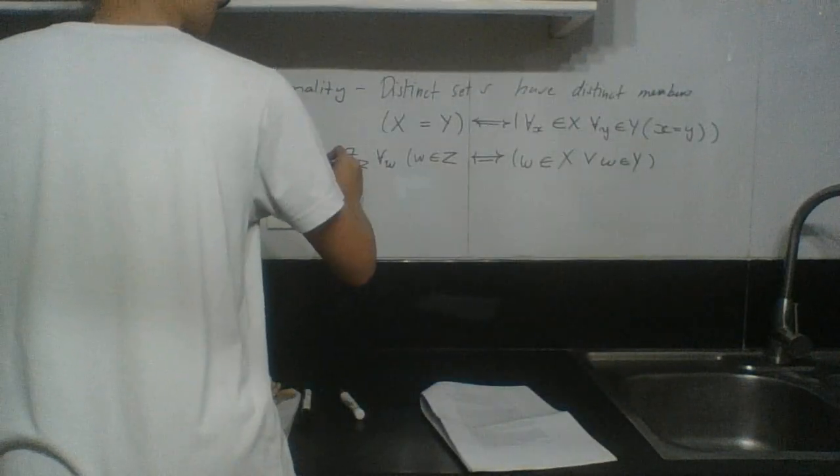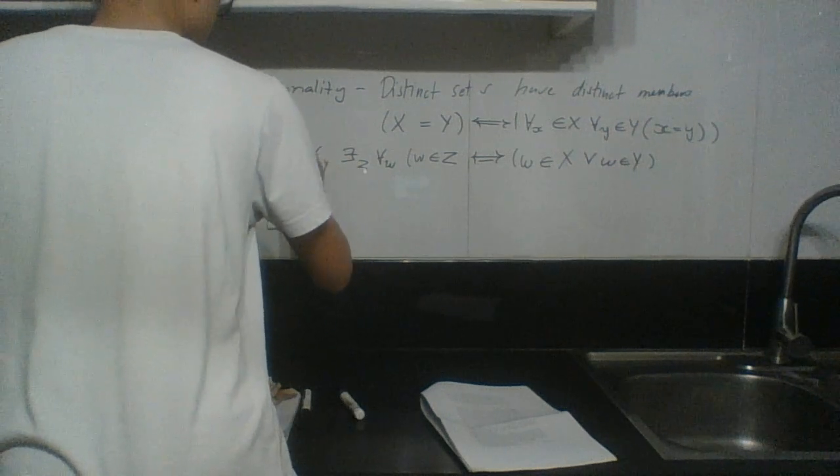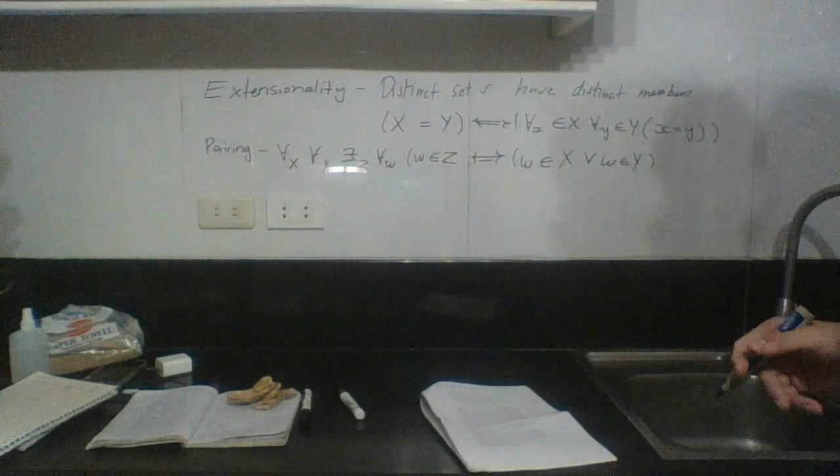In set theory, we express sets in terms of big letters and elements as small letters. So w here is an element.